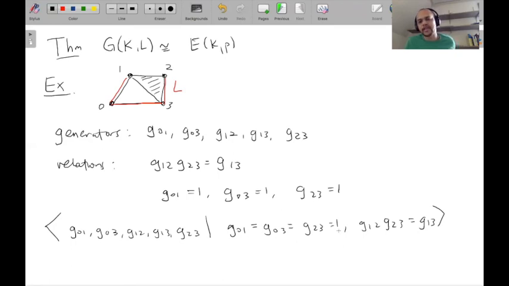Whenever a generator is equal to 1, there's no point in including that in your generating set, so we can just remove these generators. Now let's look at this last relation. We already know that G23 is 1, so this is just saying that G12 is equal to G13. So the group defined by this is isomorphic to the group where we just have a single generator and no relation, and that group is exactly the integers. Okay, so this is G_K,L.